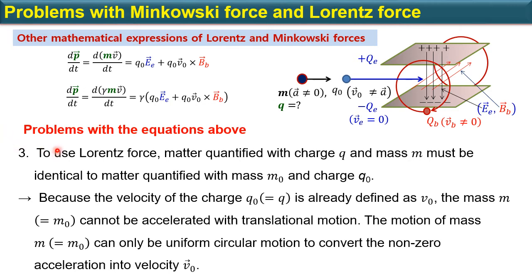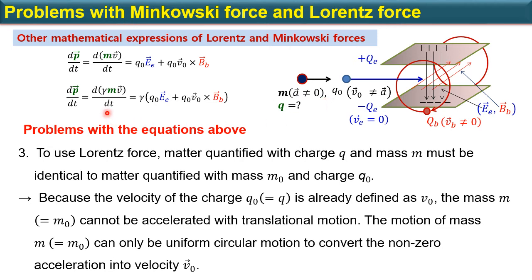Next, to use the Lorentz force, matter, quantified with charge Q and mass m, must be identical to matter, quantified with charge Q0 and mass m0. However, because the velocity of the charge q is already defined as v0, the mass m cannot be accelerated with translational motion.